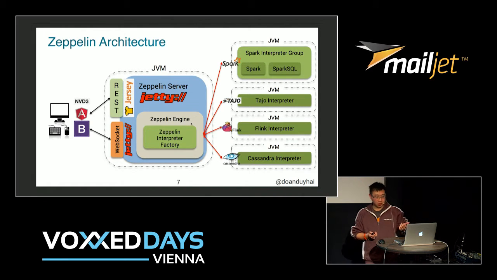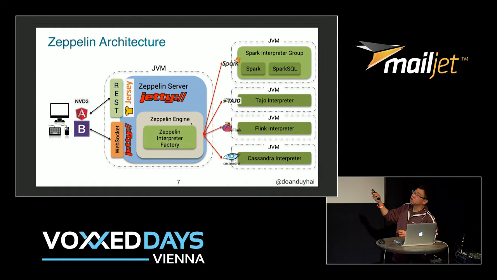But Zeppelin is just a container. It doesn't do anything by itself. It is doing some scheduling, orchestrating the query. But most of the work is done here on the right by the interpreters. From Zeppelin, you have a Zeppelin engine that will bootstrap a new JVM, and each JVM is running an interpreter.